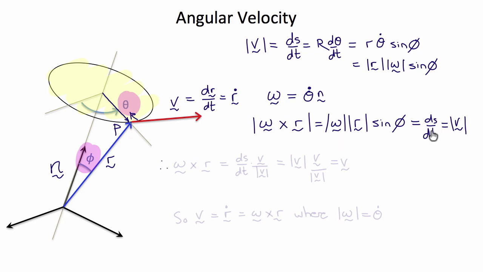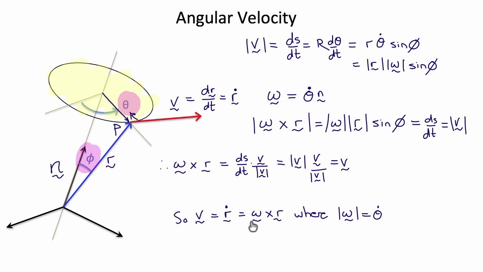Therefore, given that v is perpendicular to the plane of omega and r, we can write that omega cross r equals ds/dt times the unit vector v divided by the magnitude of v, but ds/dt is the magnitude of v, so omega cross r is v. And so we now have a vector definition of the angular velocity omega in terms of the position vector and the velocity vector. So v, which is r dot, is omega cross r, where the magnitude of omega is theta dot.